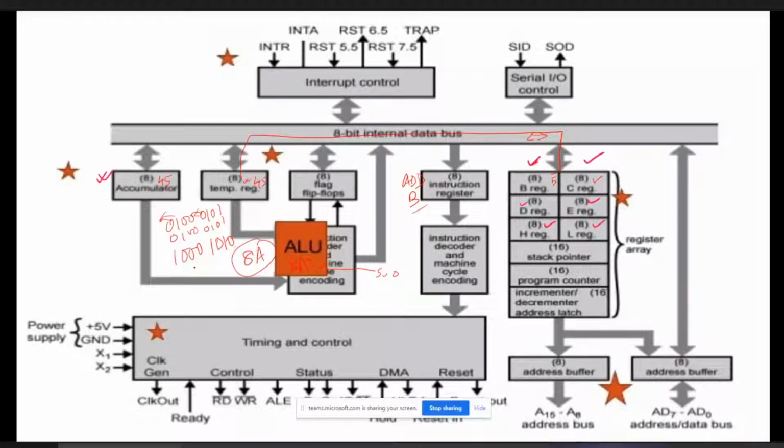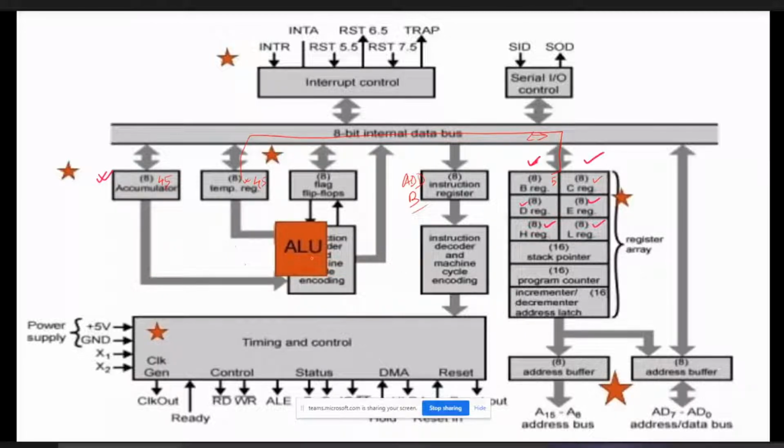So the zero flag is not going to set because the result is non-zero. The number of ones is odd, so the parity flag is also not going to set, but the sign flag will be set to 1 because the D7 bit is 1. So anyway, all these flag contents will be modified according to the result.